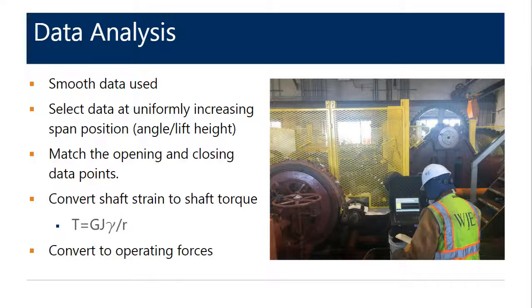The shear strain is then converted to shaft torque using the fundamental material equation shown here. Shaft torque is then multiplied by the ratio and assumed efficiencies to obtain leaf torque for bascule bridges, or for a vertical lift bridge, the counterweight shaft torque or operating drum torque is then divided by the radius of the ropes to obtain the operating force.